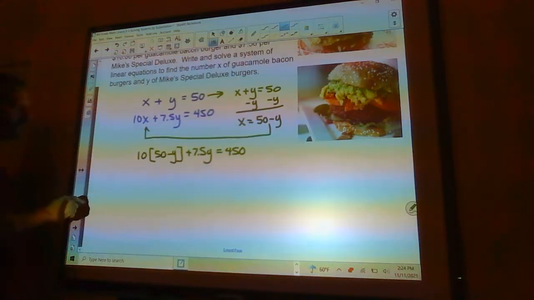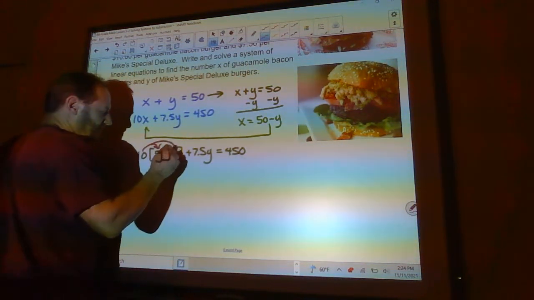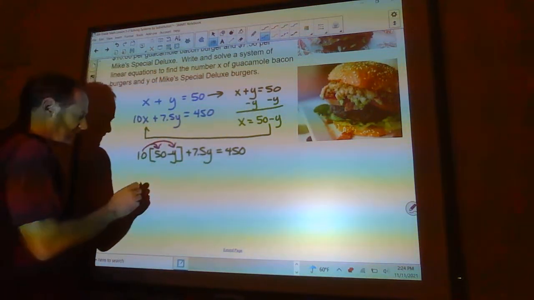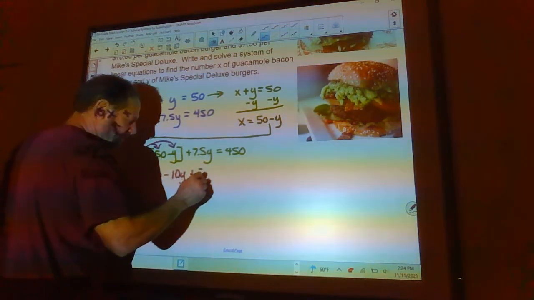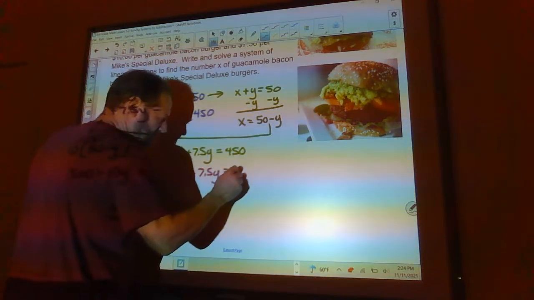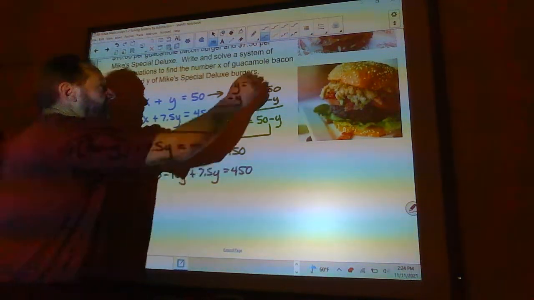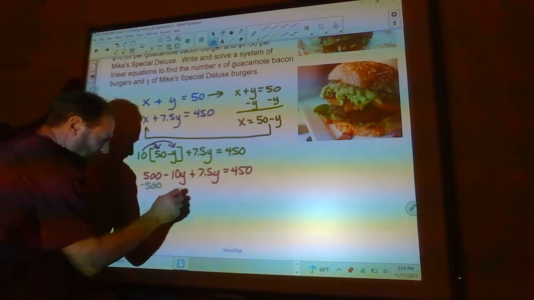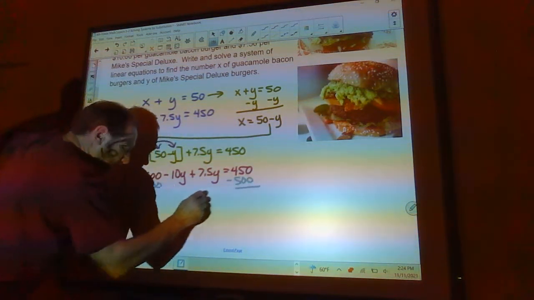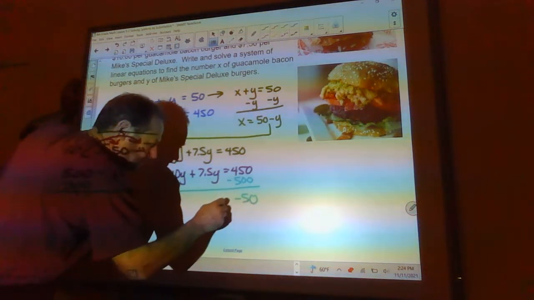Okie doke. So now I distribute my 10 here. So 10 times 50, 10 times negative y. So I'm going to get 500 minus 10y plus 7.5y is 450. Okay, I'll go ahead and subtract 500 from both sides. So that makes negative 50 over here.